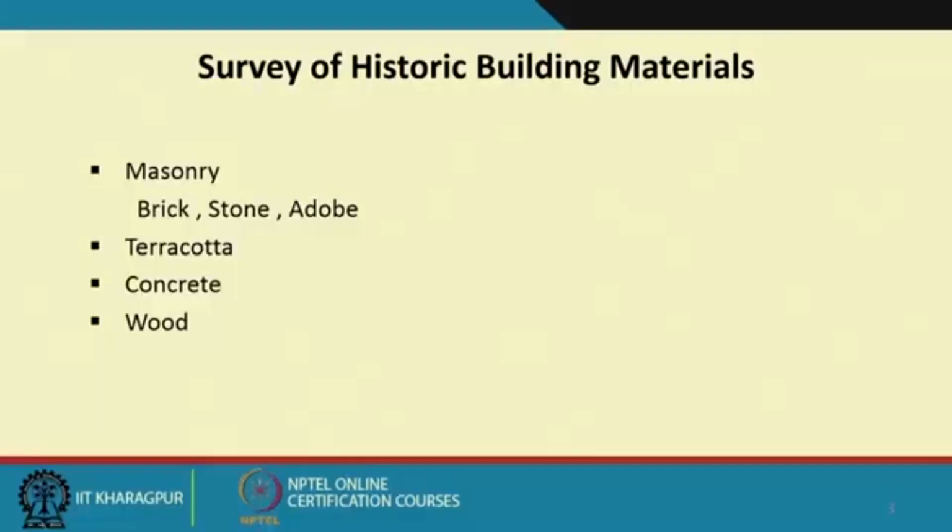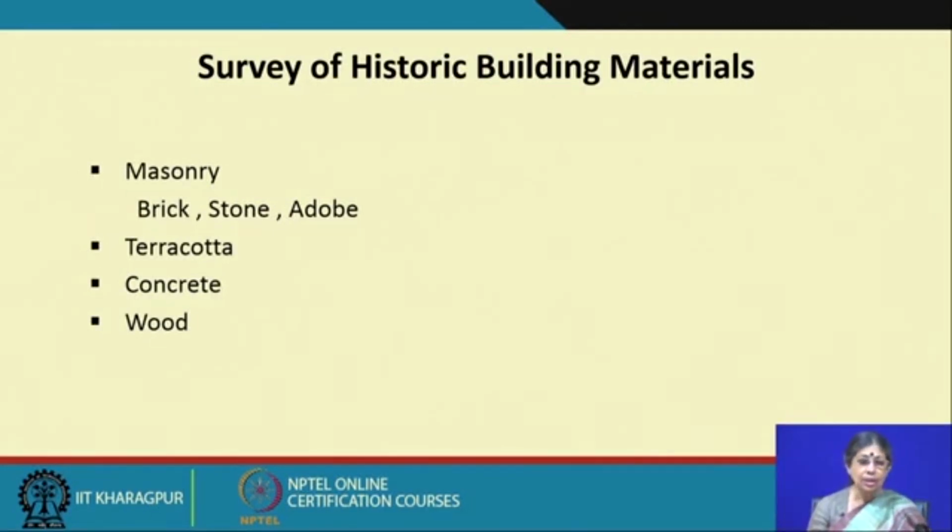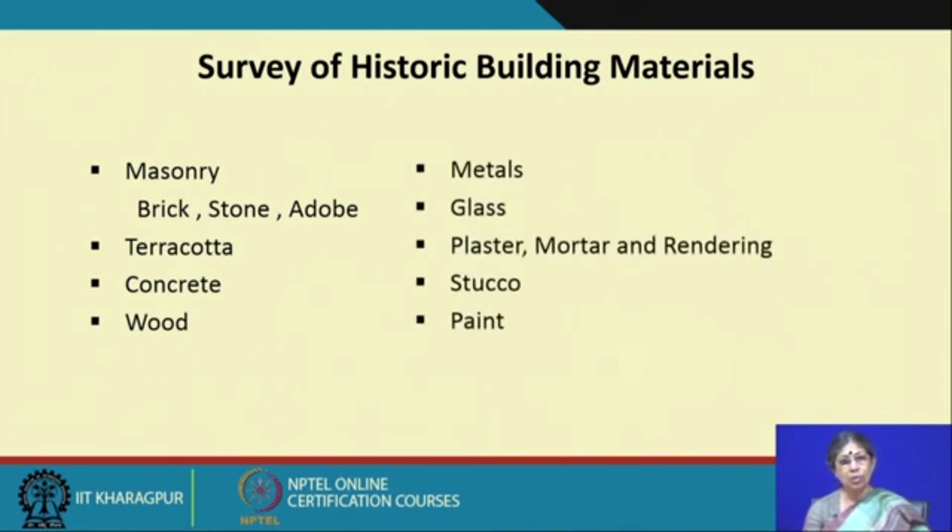While doing that, I will try to take the examples mostly from our Indian situation, because there are different parts of India. We talked about masonry structures, which are brick, stone and other adobe structures of different types, and then terracotta structures, wood, concrete, lime concrete, also RCC structures, some of the modern structures.